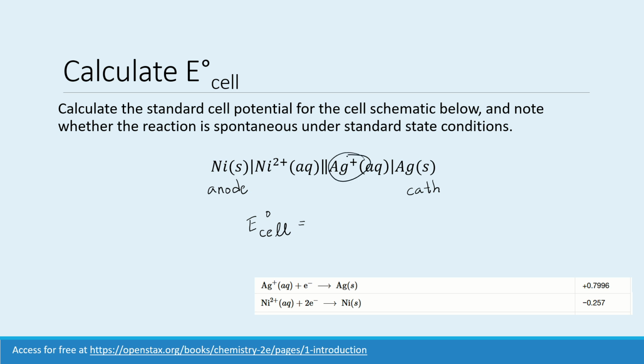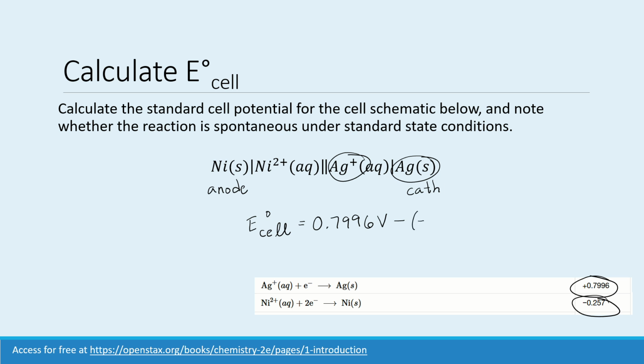Okay, so we're looking for that silver ion first for your cathode. And that's the 0.7996 volts minus the cell potential for your anode, that's your nickel.